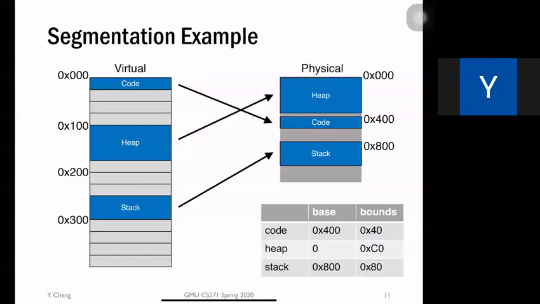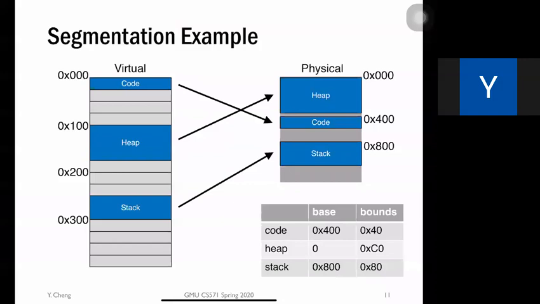Okay, so this slide shows the physical memory layout, and also shows how exactly each virtual memory segment gets mapped to its corresponding physical memory segment. Here, the unknown information is provided, which is the base value, because the base value is always a physical address.